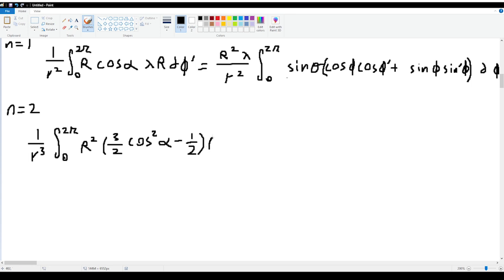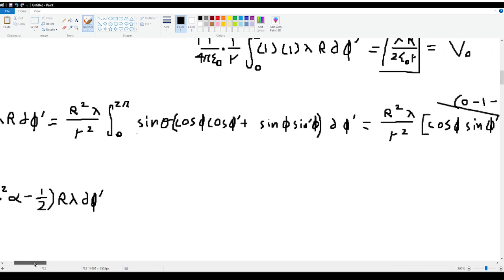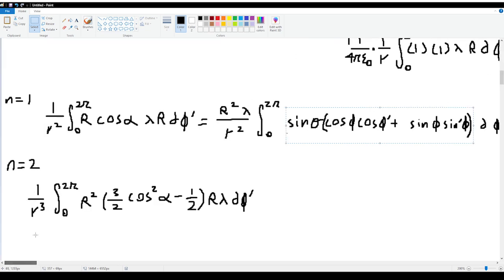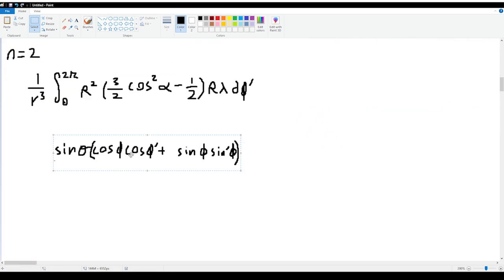Because I almost forgot this part. Because here we have a cosine squared alpha. What that means is that this right here is now getting squared. So we take this and we square it. It becomes a little tedious, but this is, at the end of the day, just algebra.